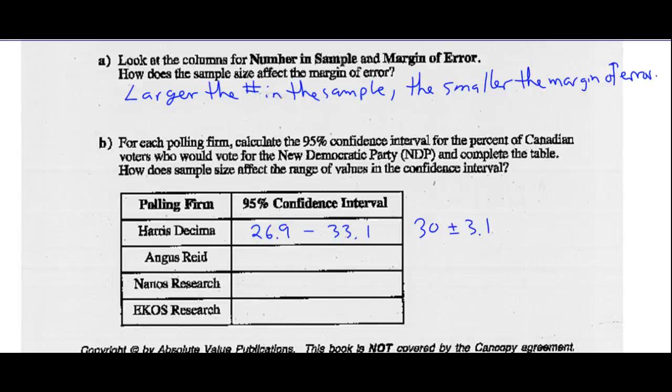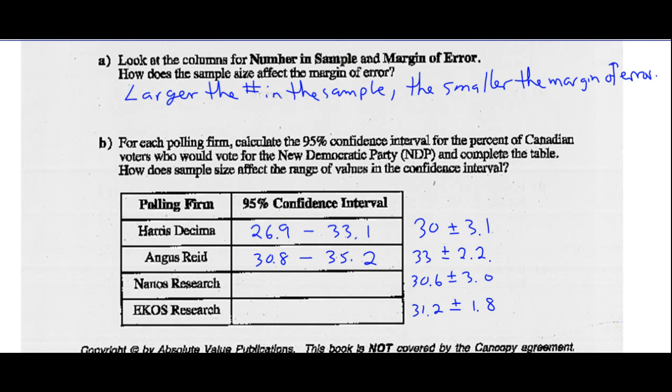All right. Do the same thing for Angus Reid, Nanos Research, and EKOS Research, and see what you come up with. So from the table above, we notice that for Angus Reid, 33% is NDP, and it's got a margin of error of plus or minus 2.2. So that gives us a confidence interval of 30.8 to 35.2.